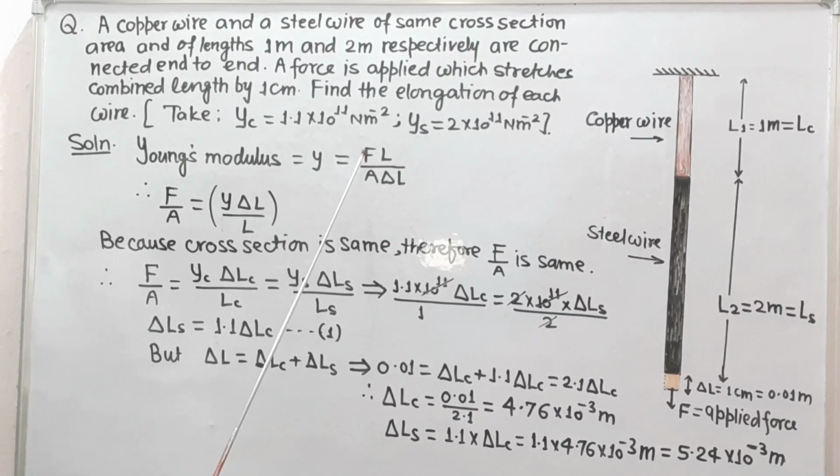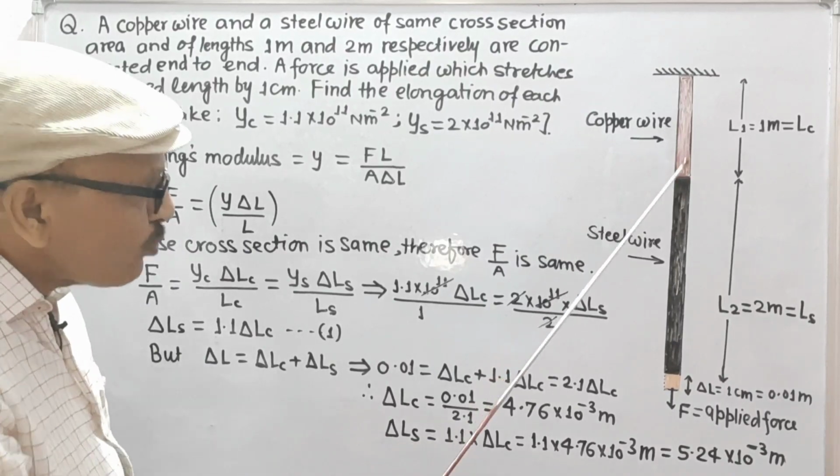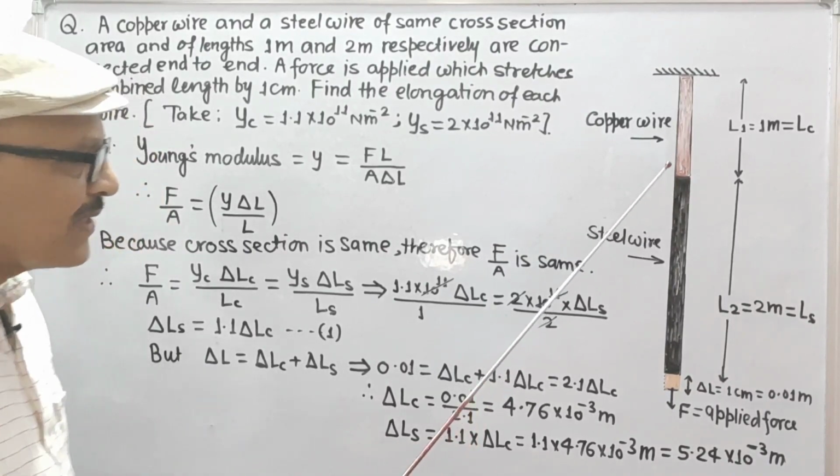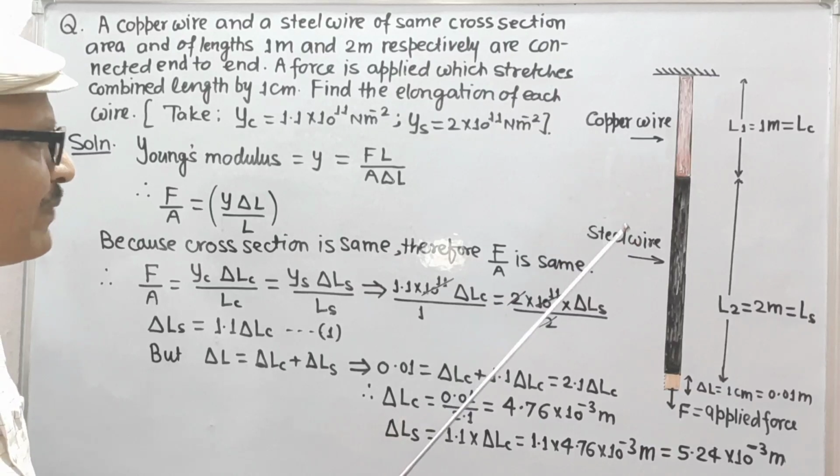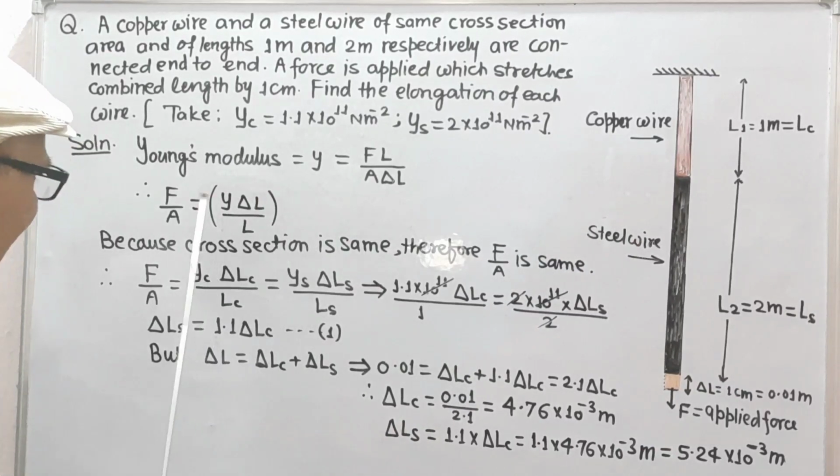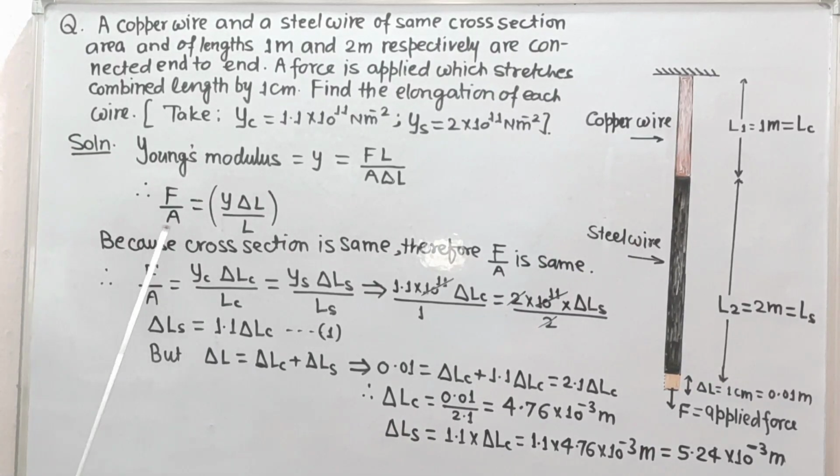From this relation, F upon A will be equal to Y into delta L upon L. Because the cross-section areas of the two wires are given to be the same, therefore F upon A will be the same for both wires.